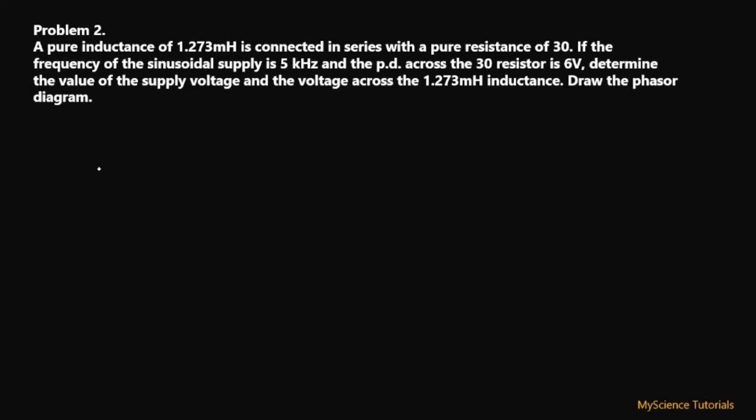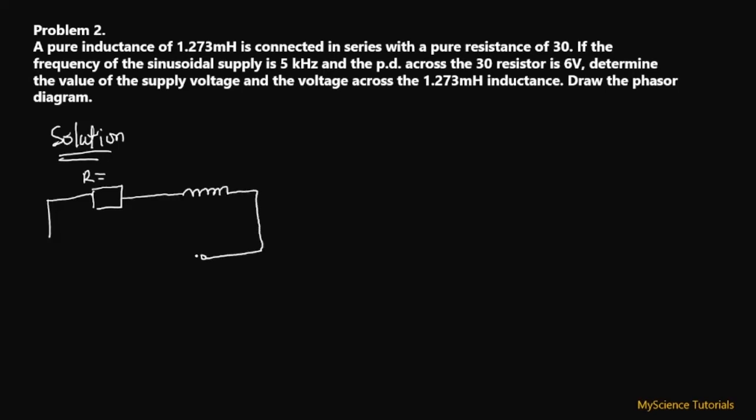Okay, so this is pretty easy. Let's go ahead and jump into the solution for this particular problem. To enhance our understanding of this question, let's draw the circuit. So we have a resistor R, and then we have an inductance L connected to an AC source.